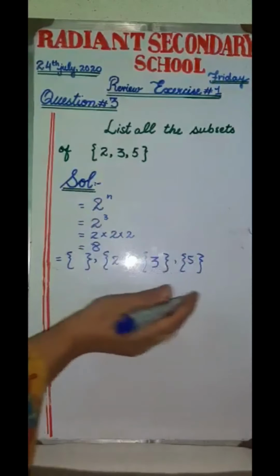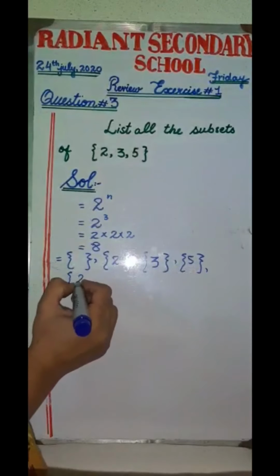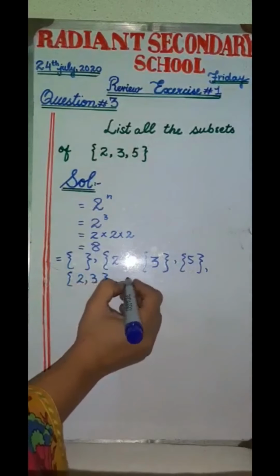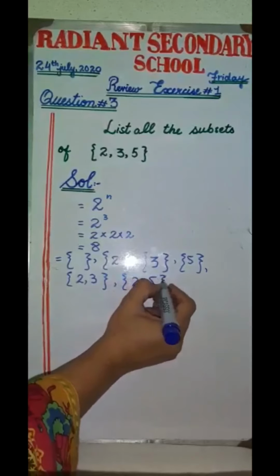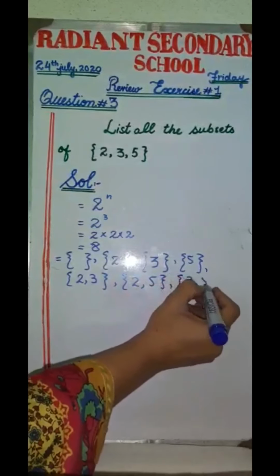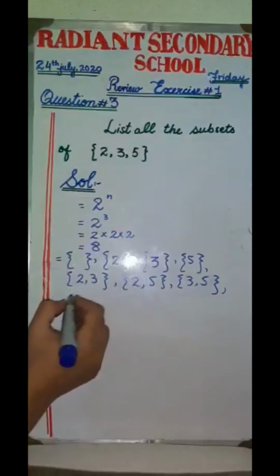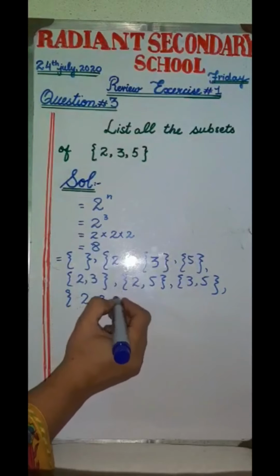Then it will become 2, 3 and 2, 5, 3, 5, and the last set is 2, 3, 5.